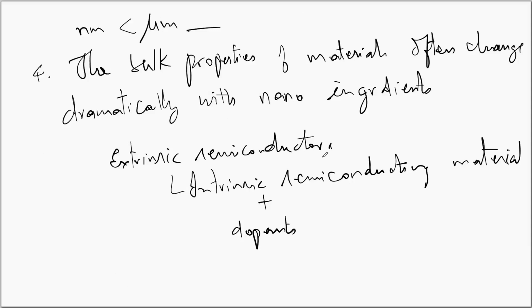Lastly, the bulk properties of materials often change dramatically with nano ingredients, which we explained using extrinsic semiconductors. Similarly, when nano ingredients are added to a bulk material, the properties of the bulk material dramatically change.